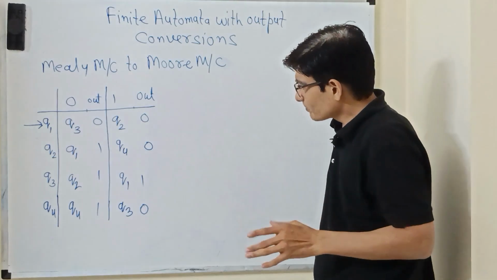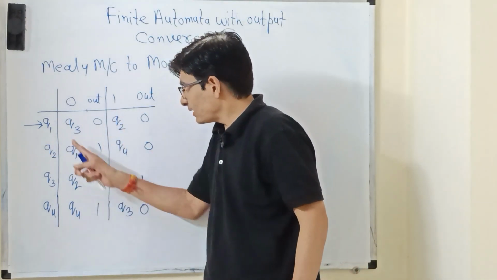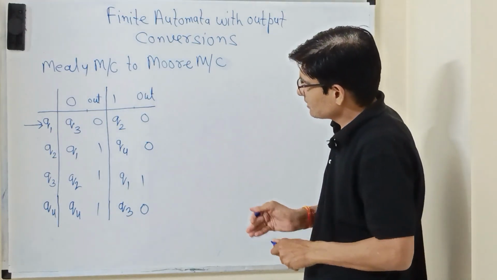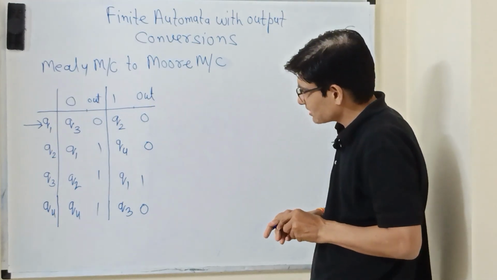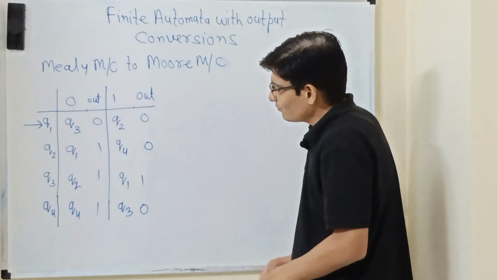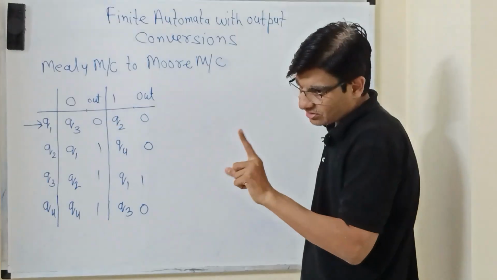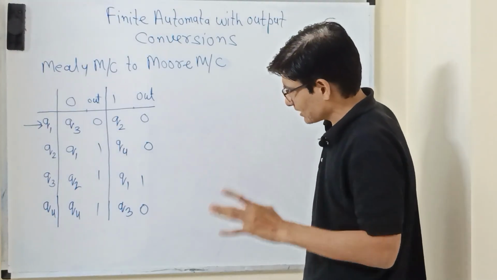This is the transition table, and these are the input symbols. Before starting conversion, I can check whether only one symbol is associated with each state or different symbols are there.